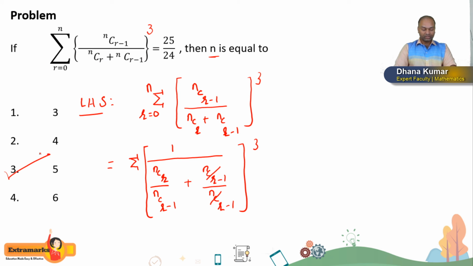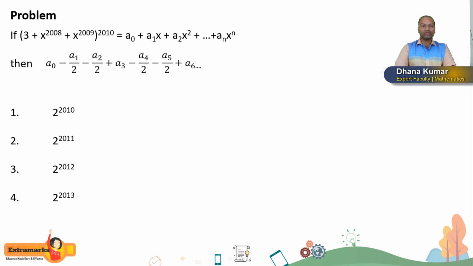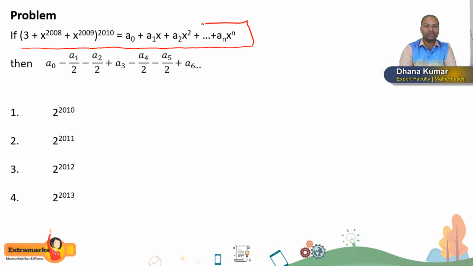Clear? Right. Let us come to the next question. Here some expansion is given like this. 3 plus x power 2008 plus x power 2009 whole power 2010 is equal to a0 plus a1x plus a2x square plus so on an x power n.